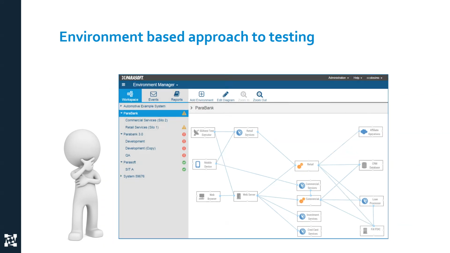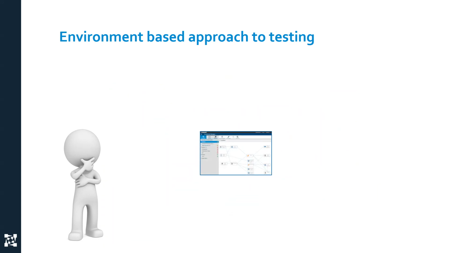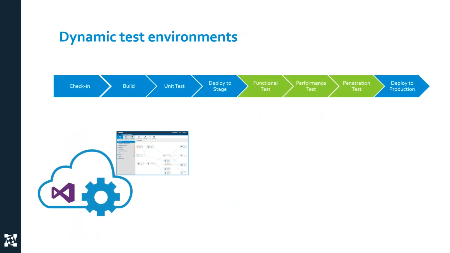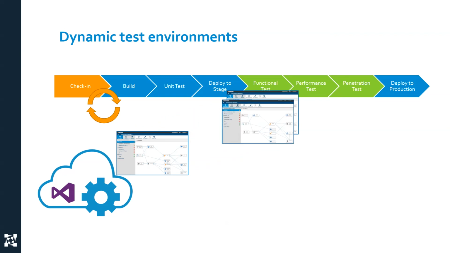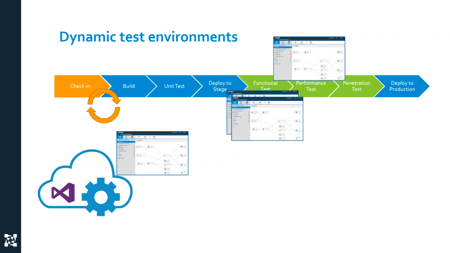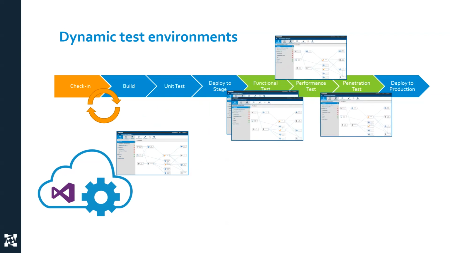And what it means is that every time that I have a build from VSTS, I can simply execute all of those tests against my application with virtual backend systems. And I can customize those virtual backend systems and test cases for just the right type of testing that I'm doing, whether it's standard functional testing, performance testing, security testing.